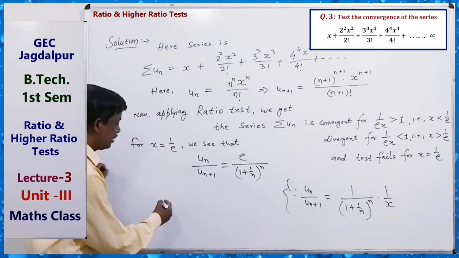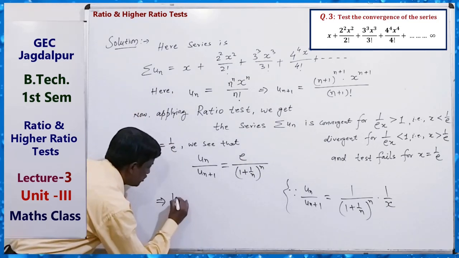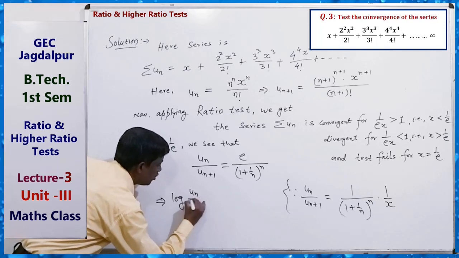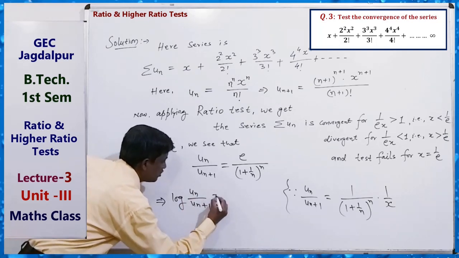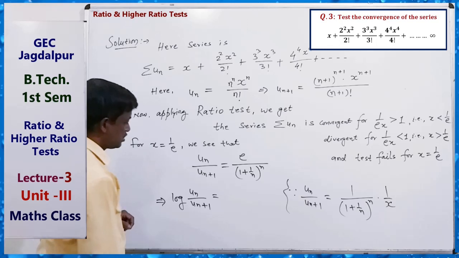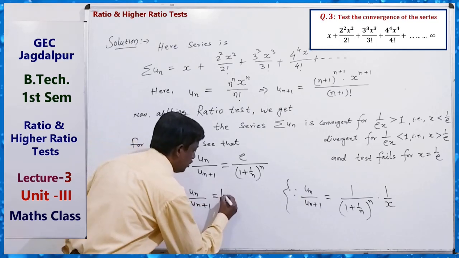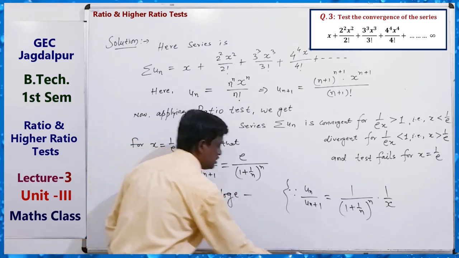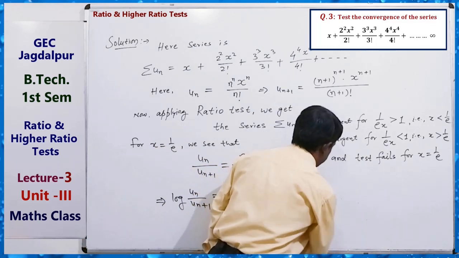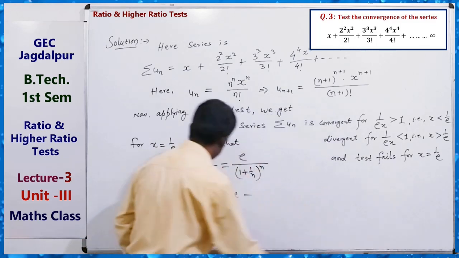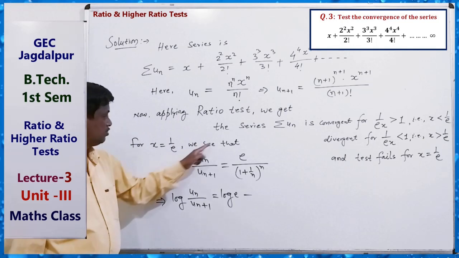So take log on both sides. Logarithmic of un upon un plus 1. Let's take log on both sides. So we get log of e minus... for x equal to 1 by e.